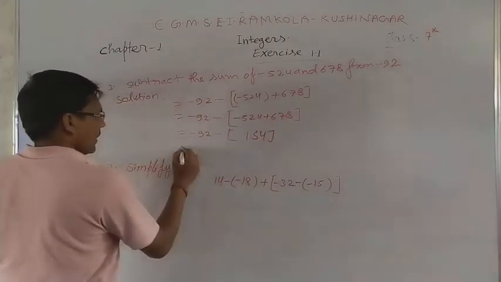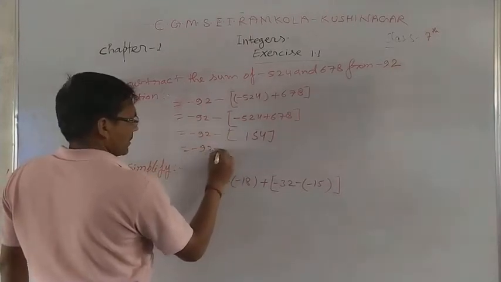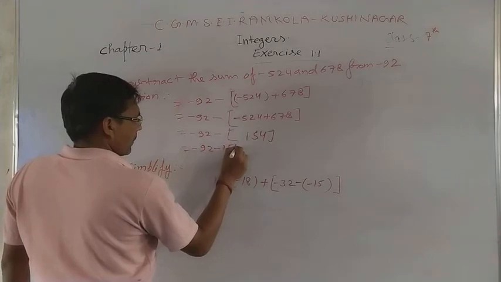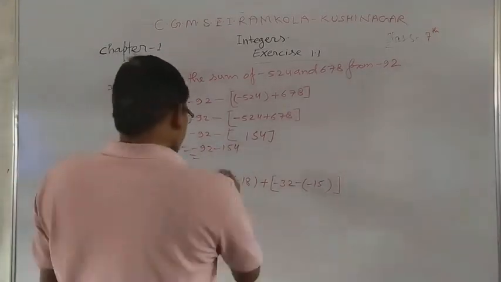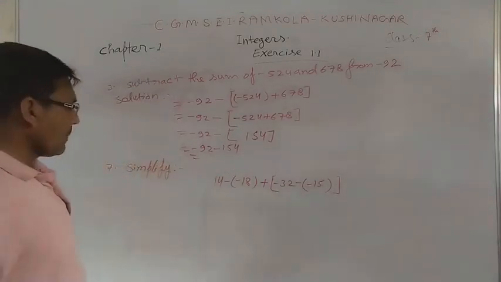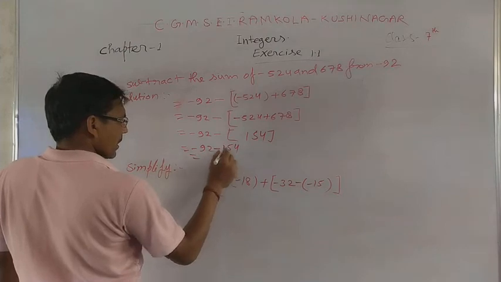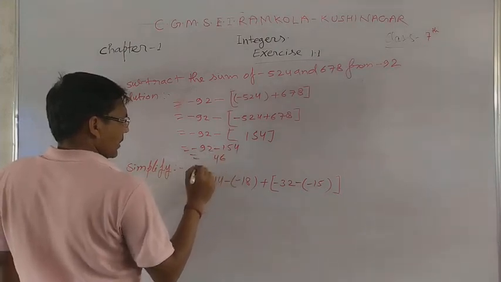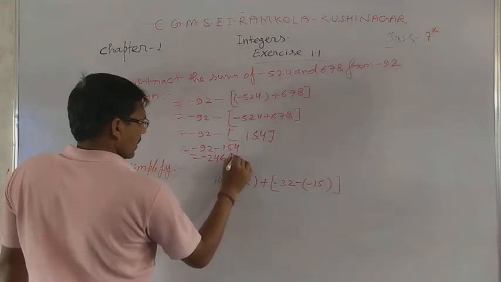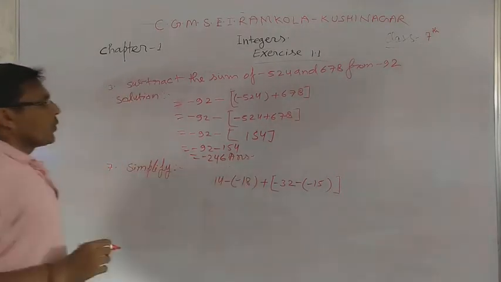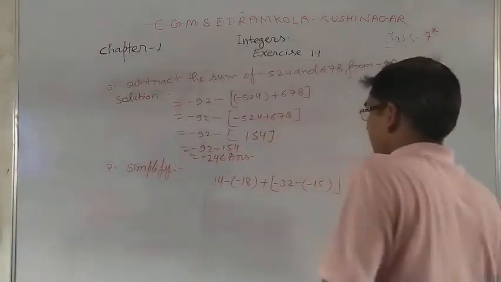Now minus 92 minus plus 154: both integers have the same sign, so we take the sum of the two integers. 4 plus 2 is 6, 9 plus 5 is 14, 1 carry, 1 plus 1 is 2. Here the answer to this question is minus 246.